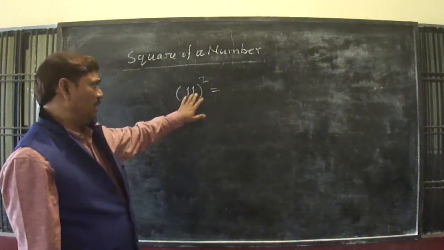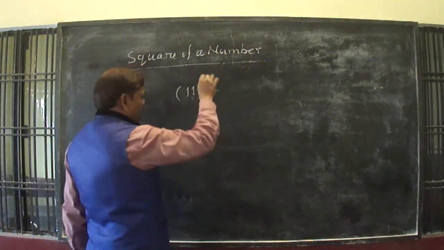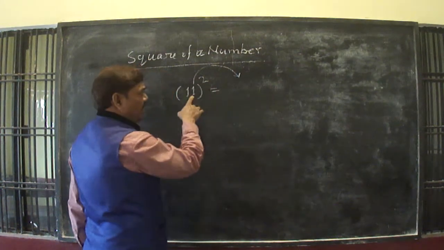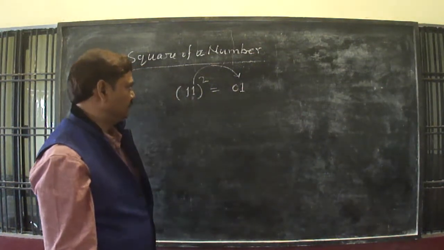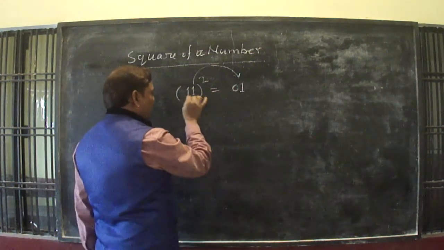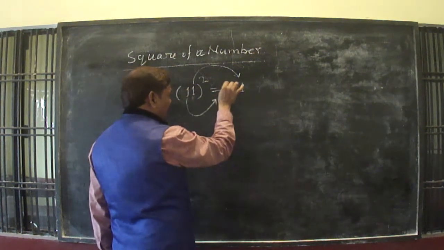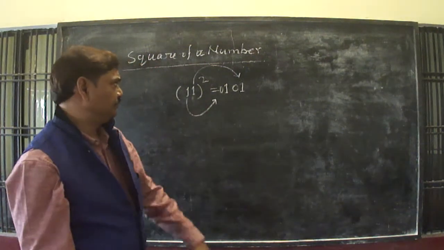We want to square the number 11, then first we write down here the square of the 1, taking 2 digits, 01, and then in this place we write the square of again this number, that is again 1, you can write here 01.